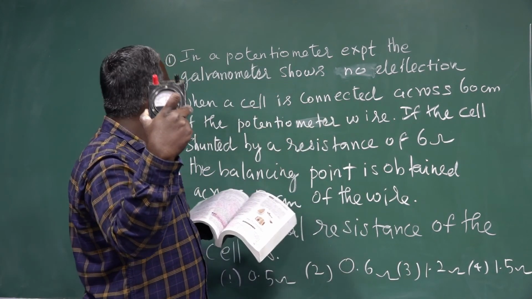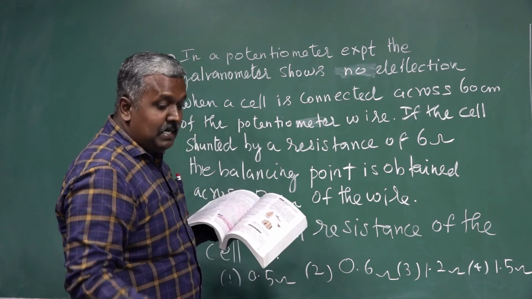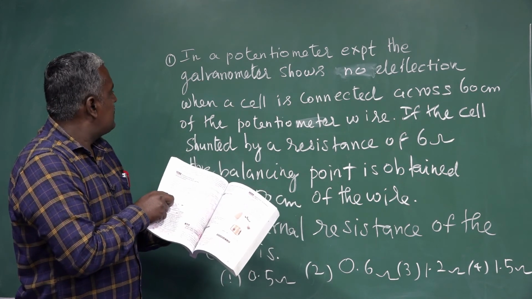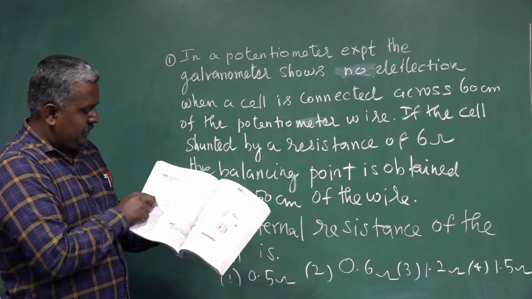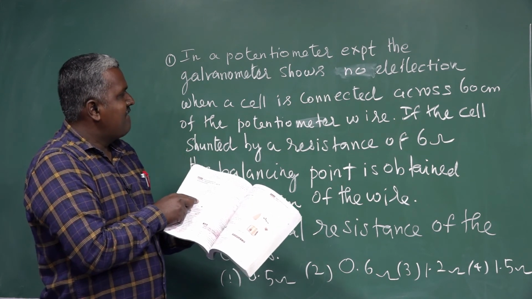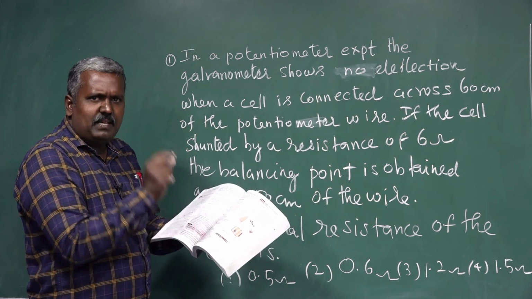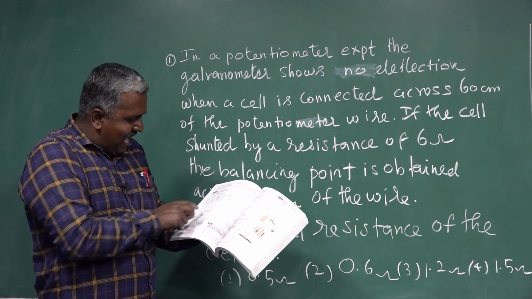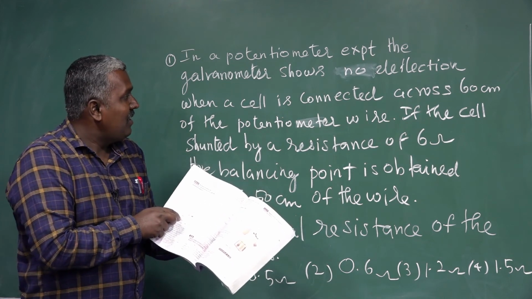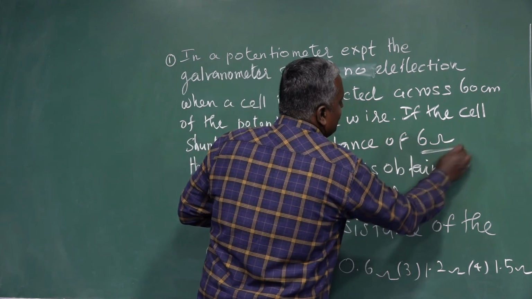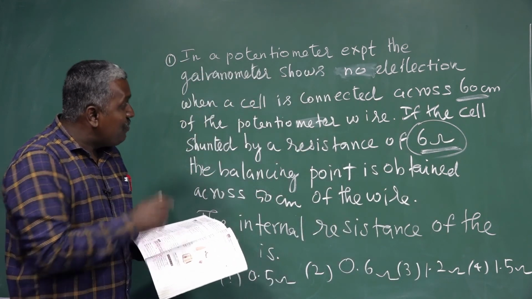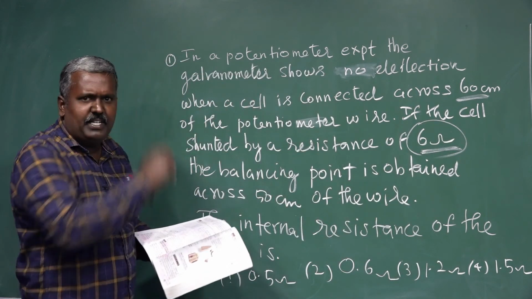When a cell is connected across 60 centimeter of the potentiometer wire, and the cell is shunted, meaning a parallel combination, by a resistance caps R of 6 ohm, the balancing point is now obtained at 50 centimeter.